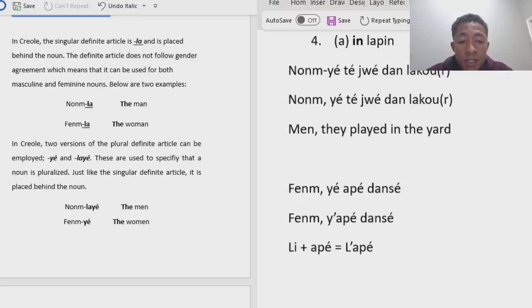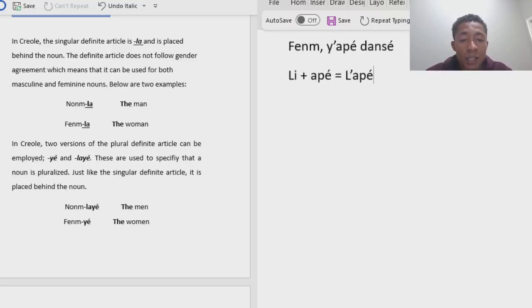And that's because when you have two vowels, so taking for instance, you have one vowel here, which is the I, also pronounced as an E in Creole, and you have the A. These are two vowels. So these would contract into one word, la paix, with an apostrophe marker.